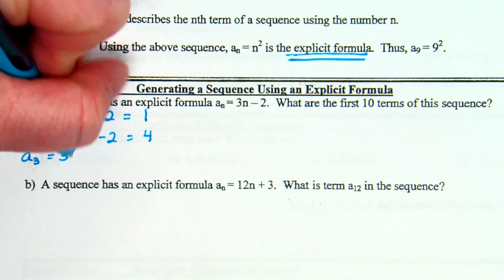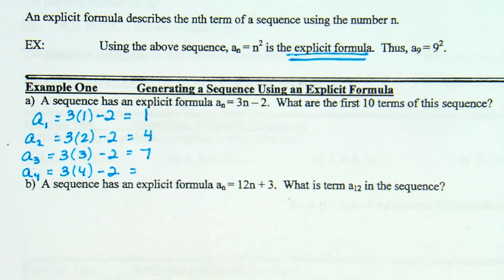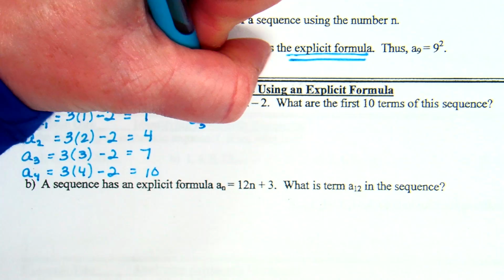Plug in 3. 3 times 3 minus 2? 7. The fourth term. 3 times 4 minus 2? 10. Okay, keep going.